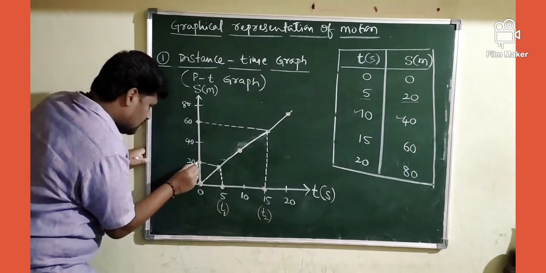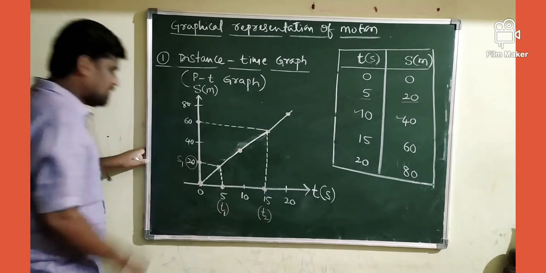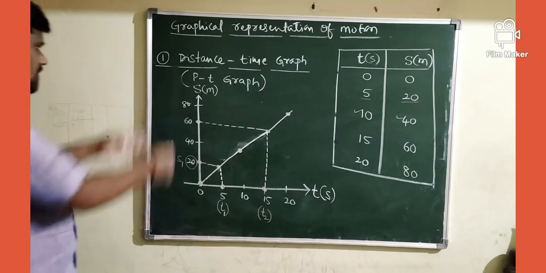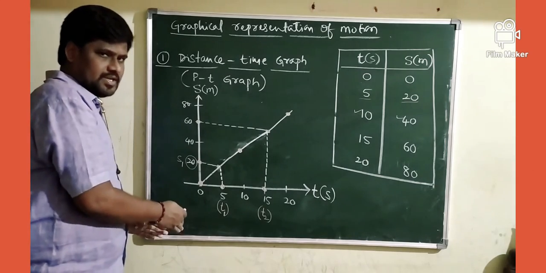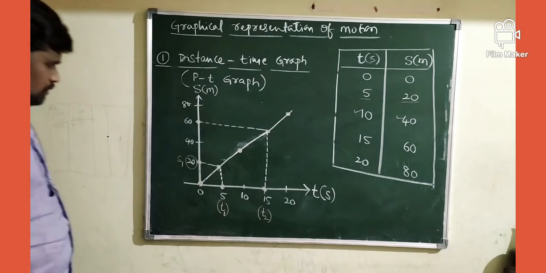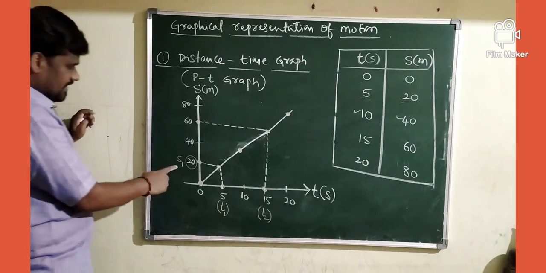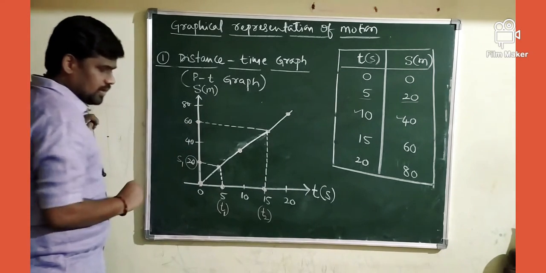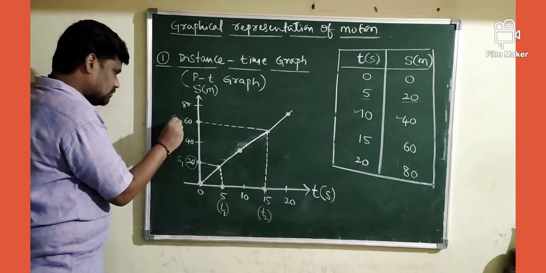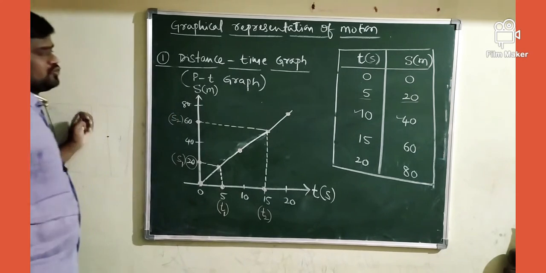On the y-axis, the first point I am getting I will call S1, because along that axis we have taken distance, therefore I am labeling the 2 points as S1 and S2, and the x-axis points T1 and T2. Here S1. The second point I will call S2. This is the S1 point, this is the S2 point.